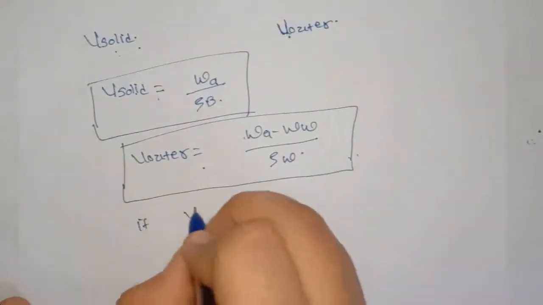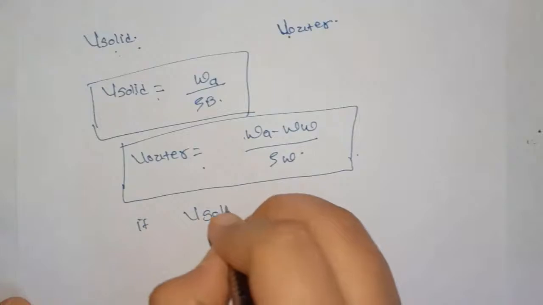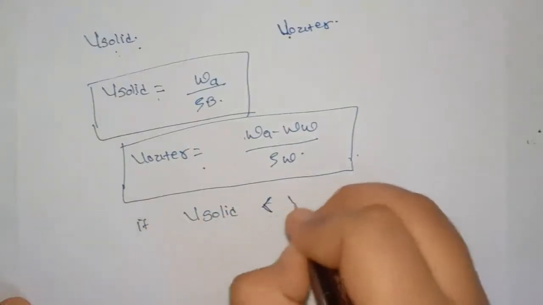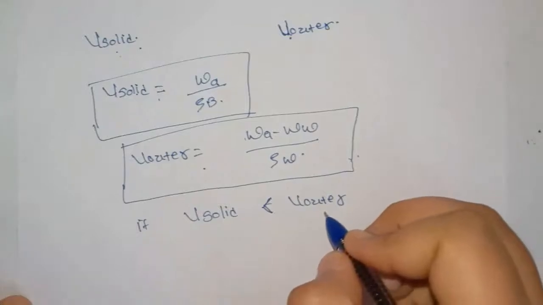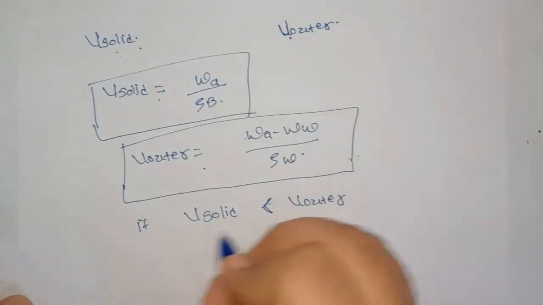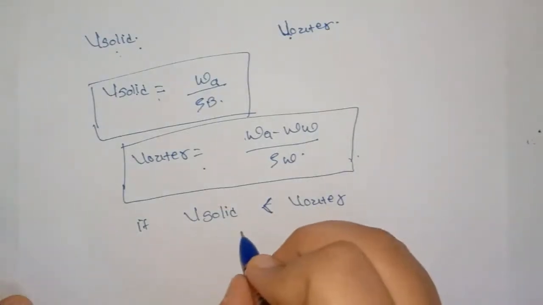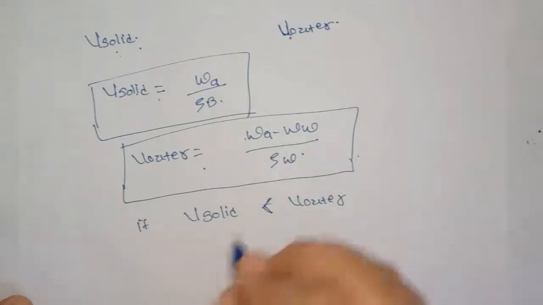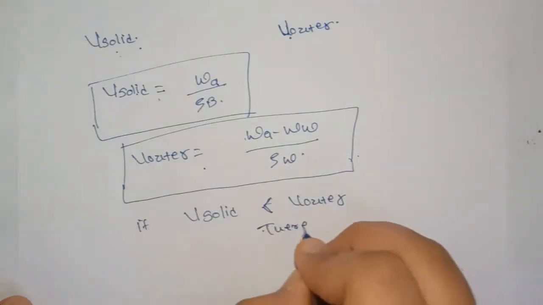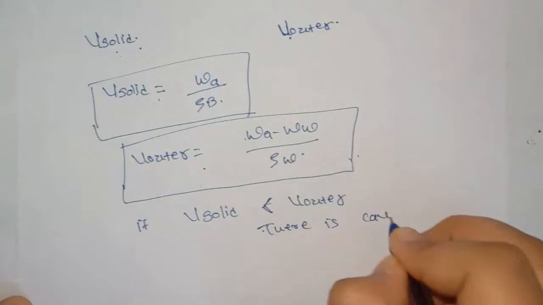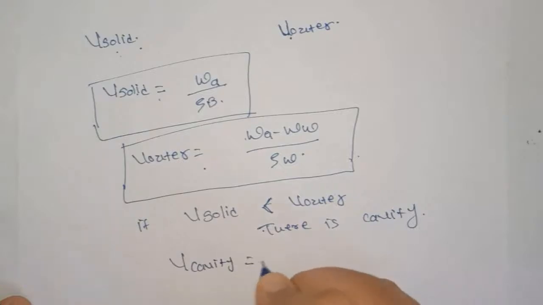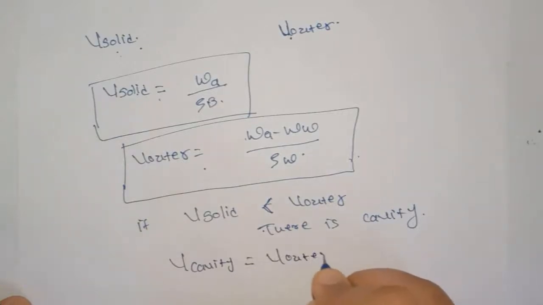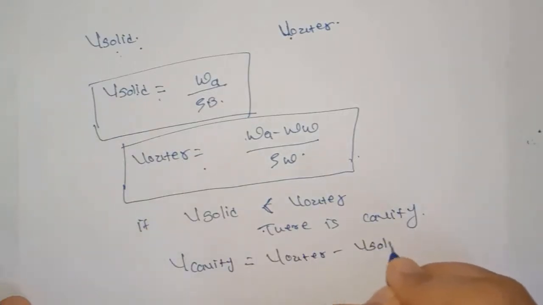If V solid is less than V outer, that means outer volume is more, but the solid used in making the object is less, then there is a cavity. And volume of cavity will be V outer minus V solid.